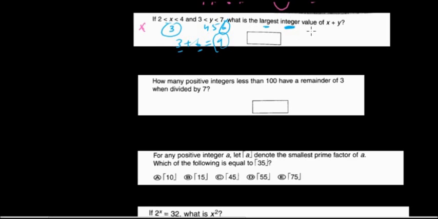So what if you pick, let's say, 3.9 for x, which satisfies the condition that x has to be between 2 and 4, and y equals, let's say, 6.9, which satisfies the condition for y to be between 3 and 7. If you take these two, you actually get 10. And you can check further that they are, well, actually, sorry, the y has to be 6.1.